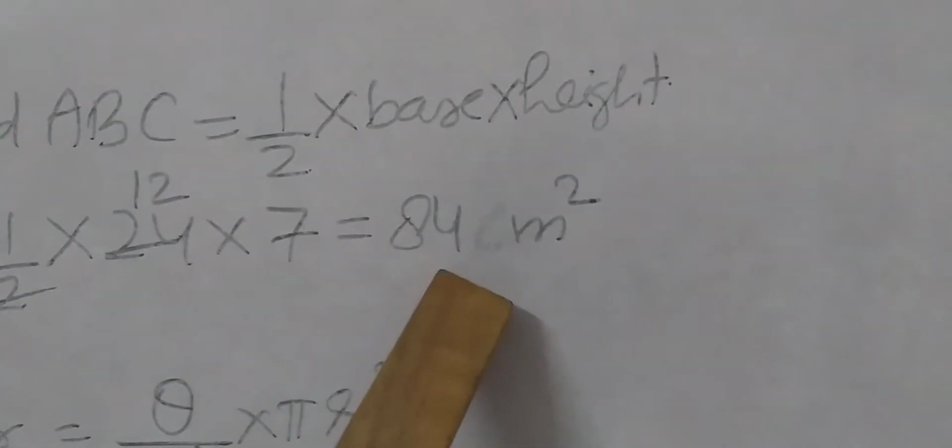So area of triangle is 84 meter square minus 4.81, so 79.19 meter square. This is the area of region not grazed by horses. This is our answer. Let us solve one more question.